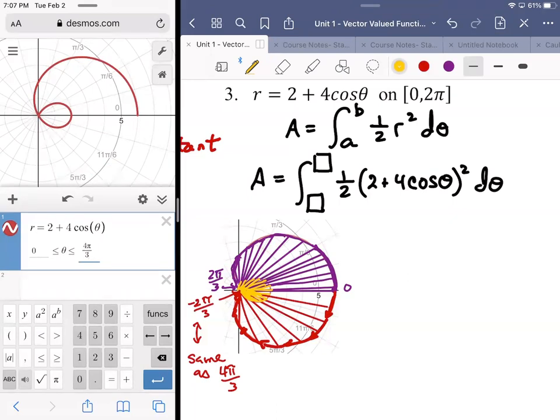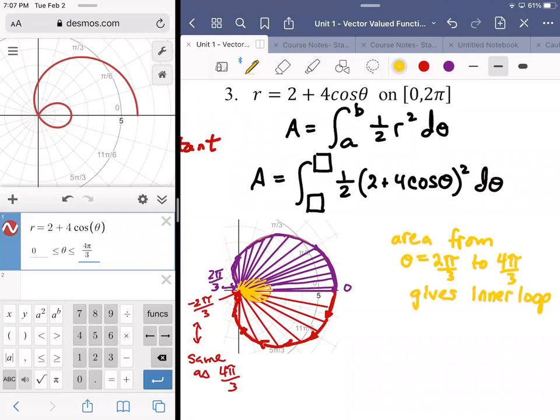So if we account for that area between 2 pi over 3 and 4 pi over 3, that would just give us the inner loop. So area from theta equals 2 pi over 3 to 4 pi over 3 gives the inner loop.